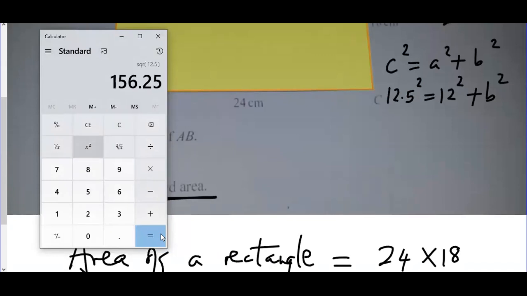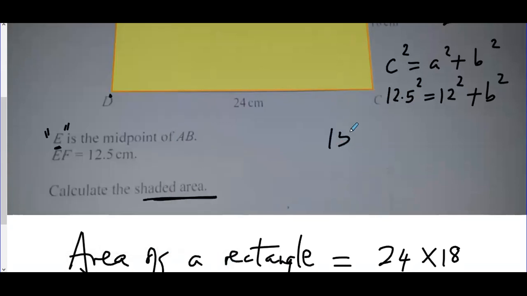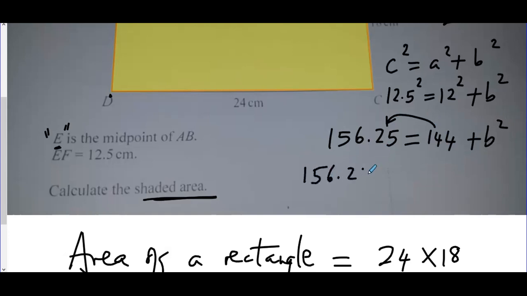12.5 squared is 156.25. Okay, and 12 squared is 144, and then plus B squared. I'm looking for how much B will be. So this 144 will be taken to the other side. So this will be 156.25 minus 144, which equals B squared.